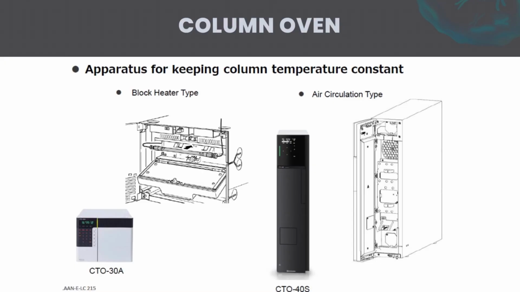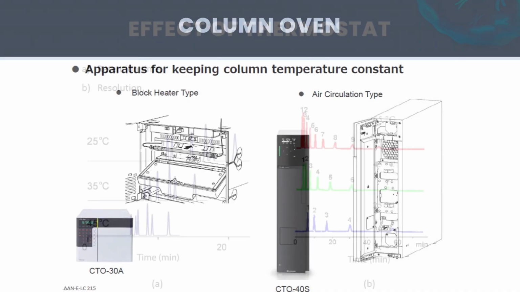For this purpose, we are using a block heater type, as we can see here that this is the column, and it is placed inside an environment of controlled temperature, whereas the second is the air circulation type of environment, in which the column is stored and the air is circulated through the column system in order to keep the temperature of the column constant. So this also enhances the efficiency of chromatographic separation.